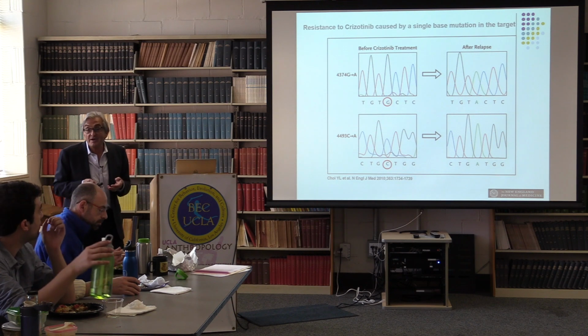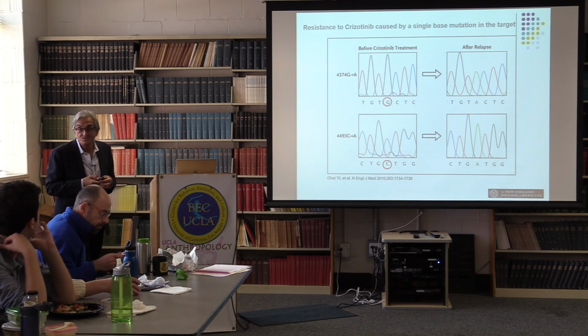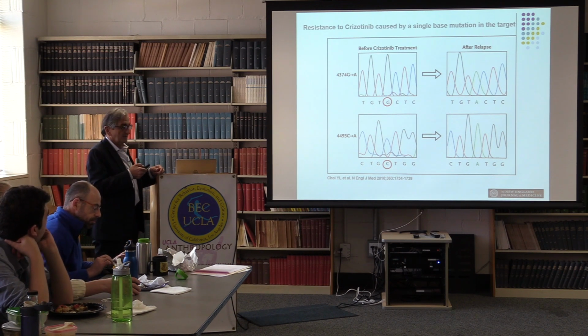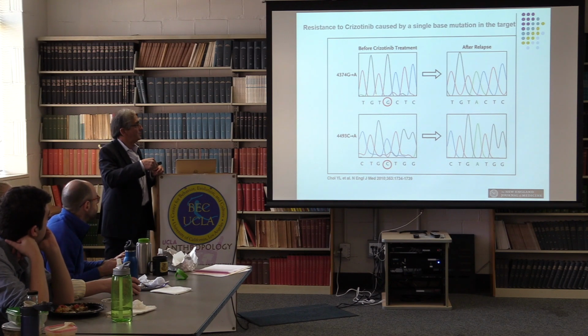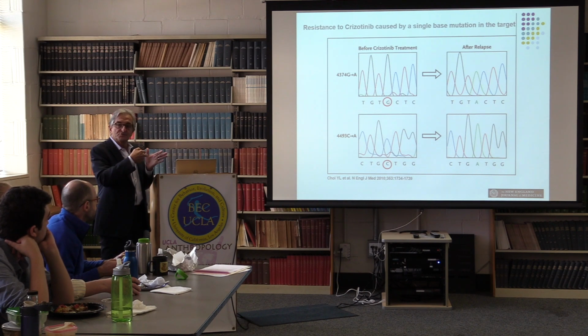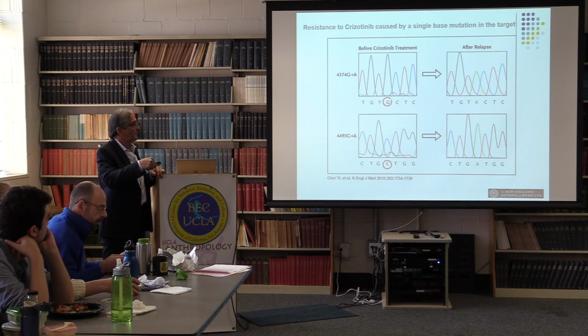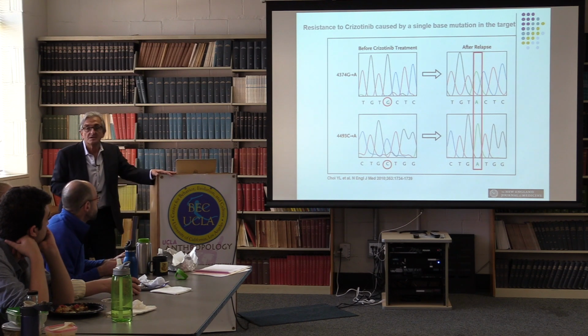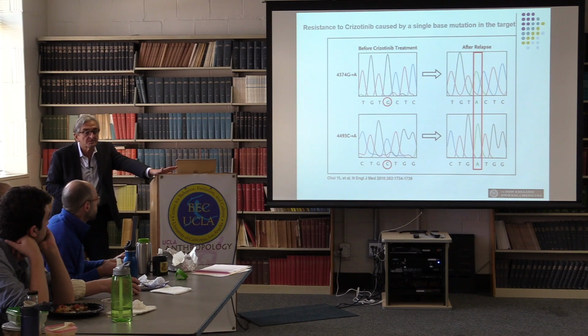Well, it's no surprise if you're an evolutionary biologist why. These are 2 parts of that gene, the ALK gene, both of which affect the binding of the drug. And all it requires is a single base mutation to prevent the drug from binding.